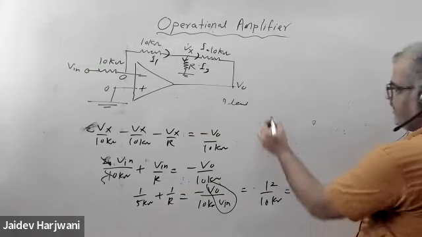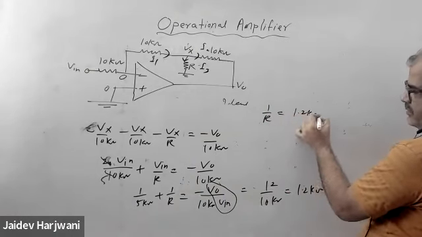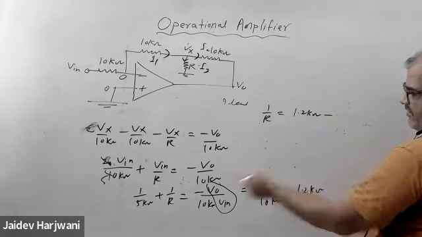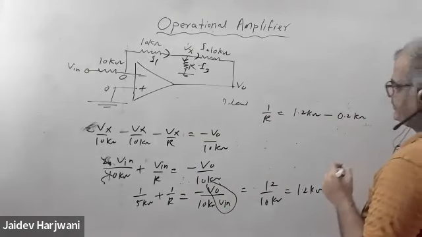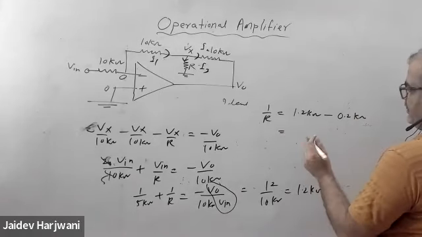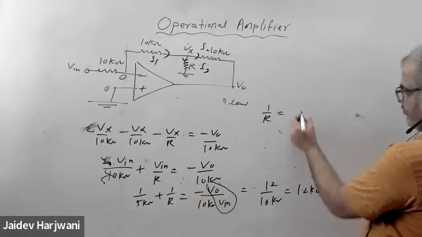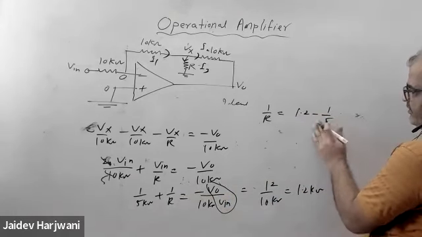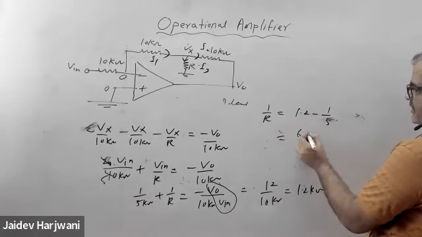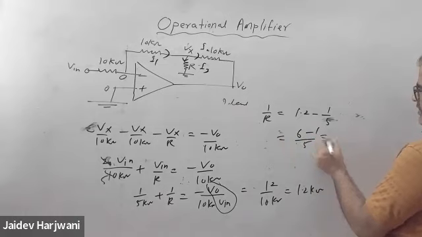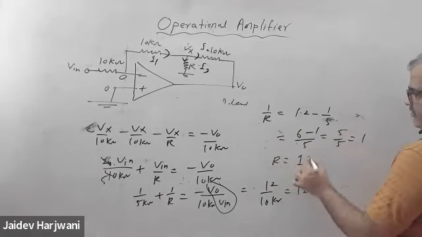So 1 by R is equal to 1.2 minus 1 by 5. 1 by 5 is 0.2, so 1.2 minus 0.2 is 1. So your R will be equal to 1 kilo.